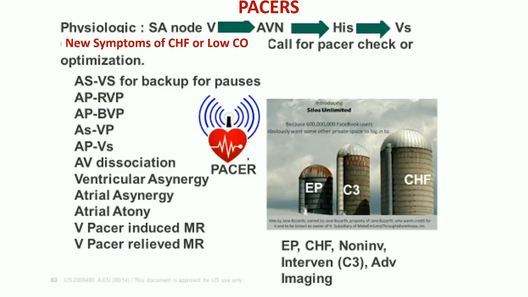And you know what? Probably the most important thing is that someone functions electrically as physiologically as possible. As physiologically as possible is the SA node, comes down to the AV node, comes down to the bundle of His, comes through the left bundle, right bundle.